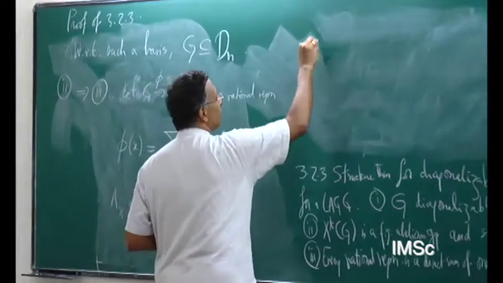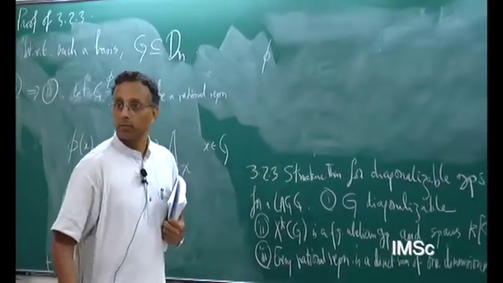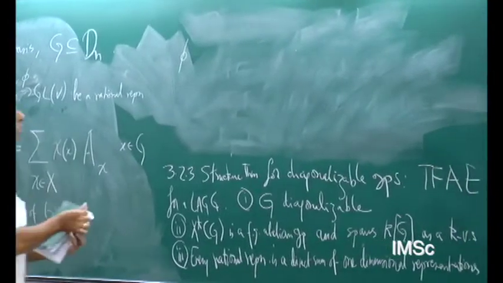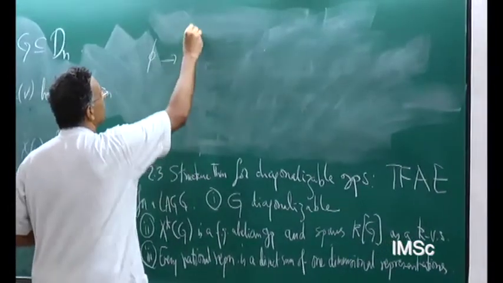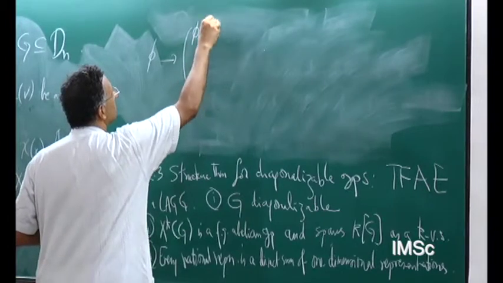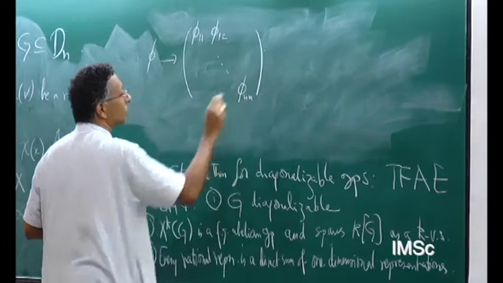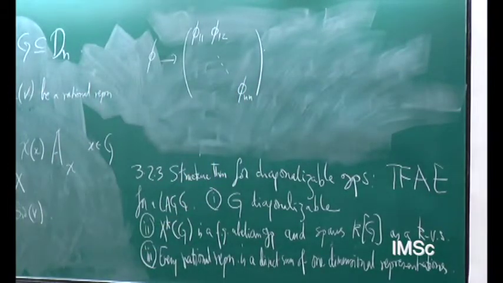So let's think of phi as a function from G to n cross n matrices. So there is a bunch of functions, right?